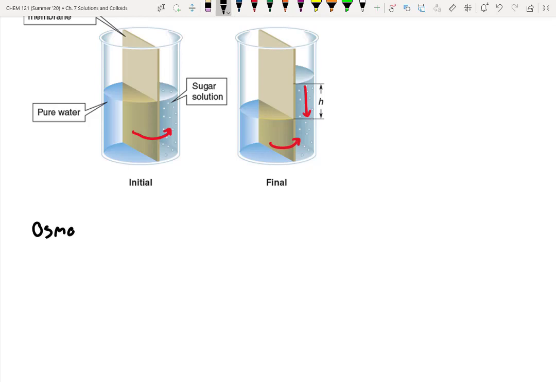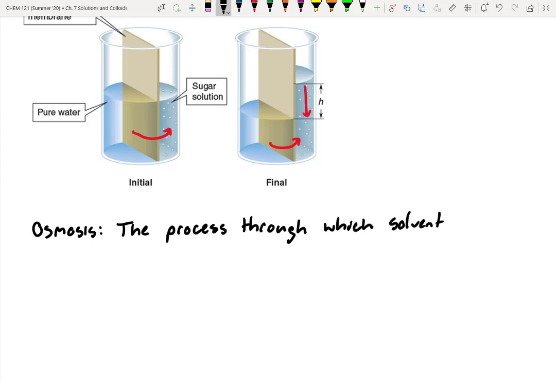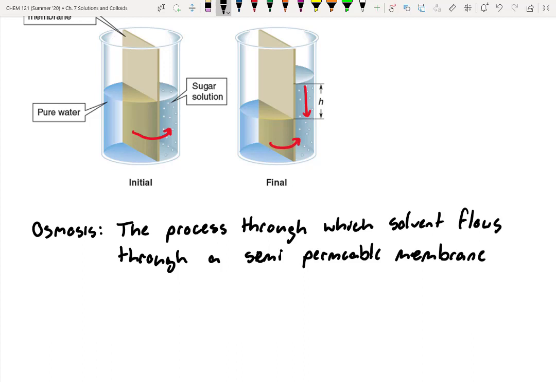So osmosis is the process of the water sneaking through. This is the process through which solvent, in this case water, flows through a semi-permeable membrane to the solution side.